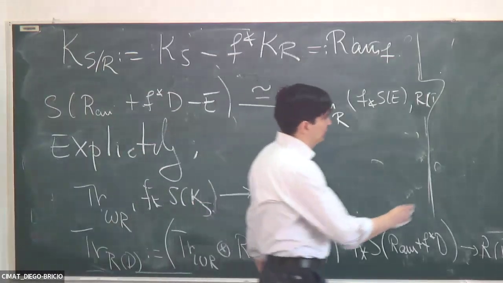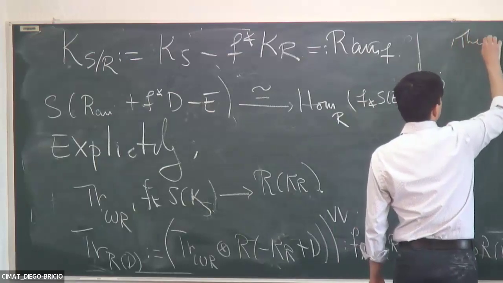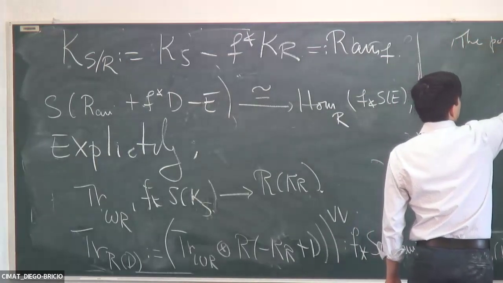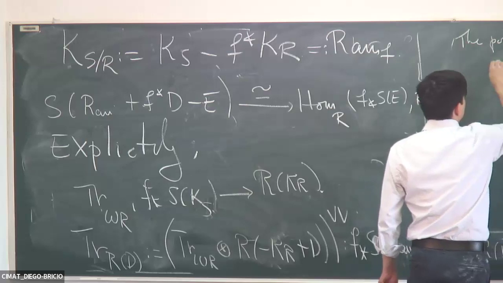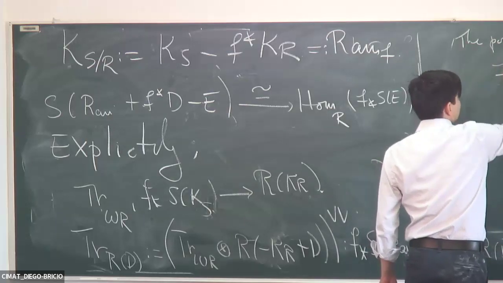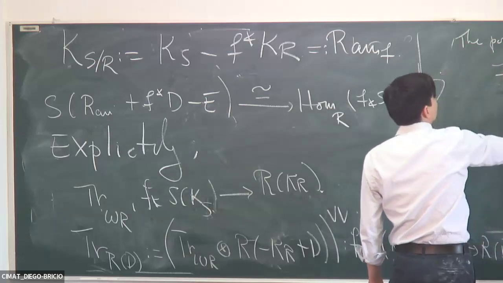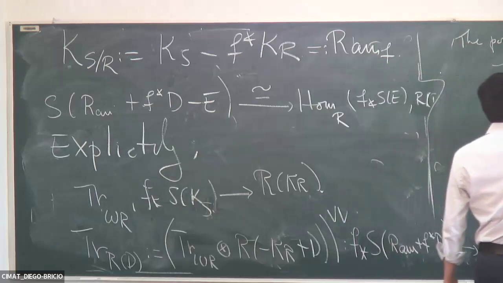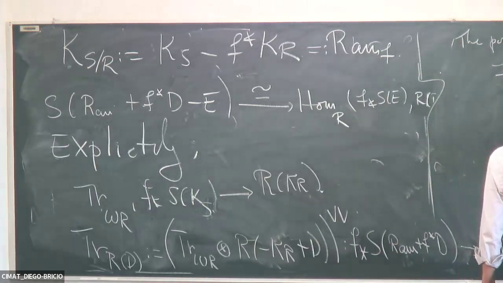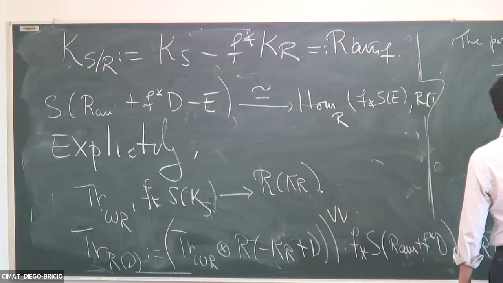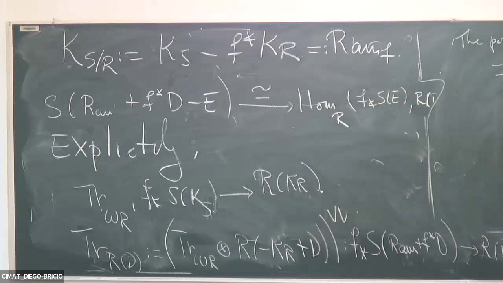And so the point is that the F upper star of RD, this one here, is reflexive. And let's say it's isomorphic to S RAM plus the pullback of T.